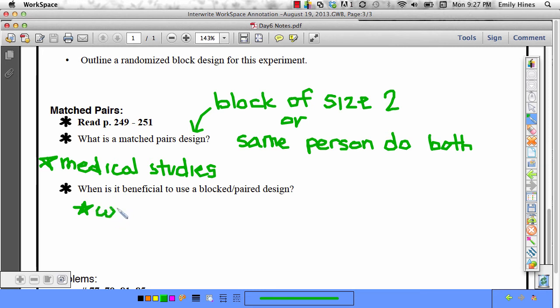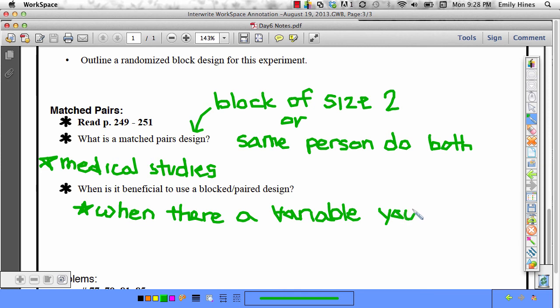Okay, so you want to control for the variables you can, block for the variables that you can't control for, and then use random assignment to help cancel out everything else.